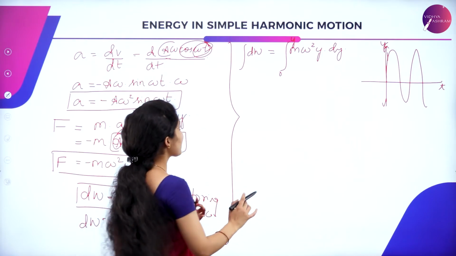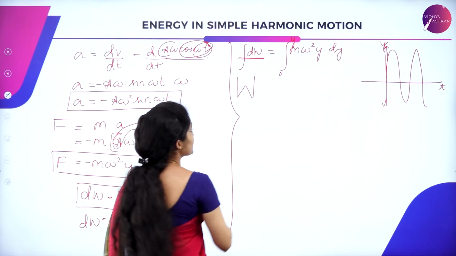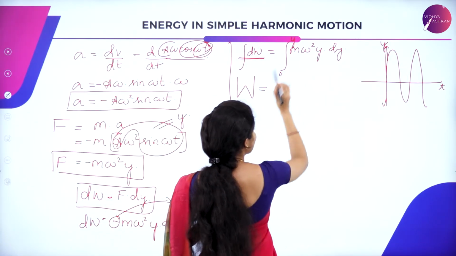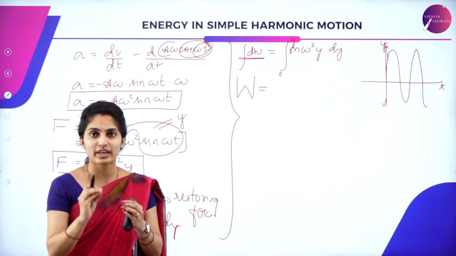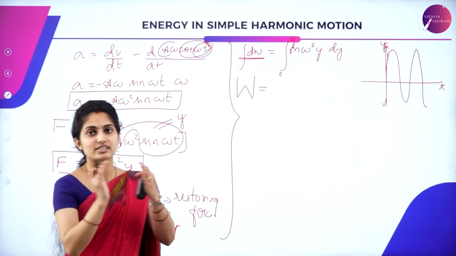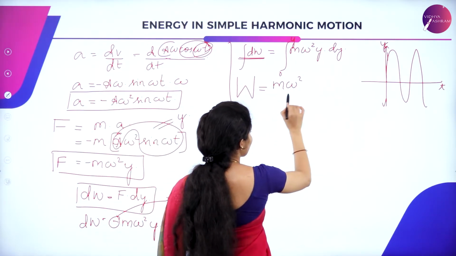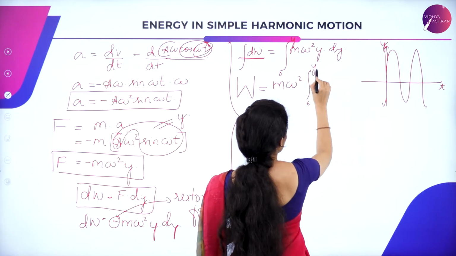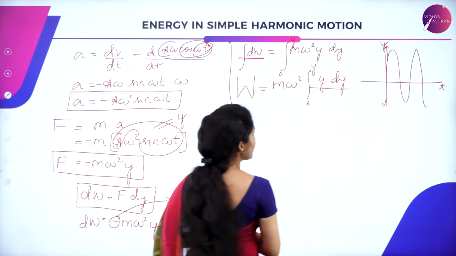Now integrating dW will give the total work done, given by capital W, which is equal to the integral of m omega square y into dy, wherein m omega square is taken as constant and is taken outside. I take m and omega square, the angular velocity, to be constant, and we have the integration from 0 to y of y dy. This will be the integrating concept.